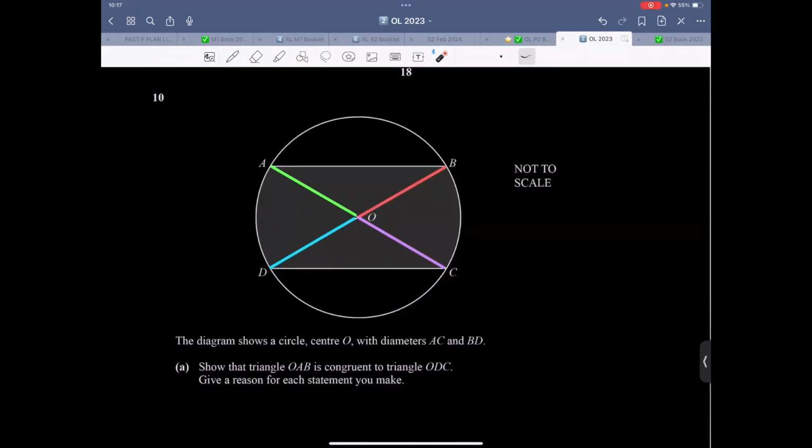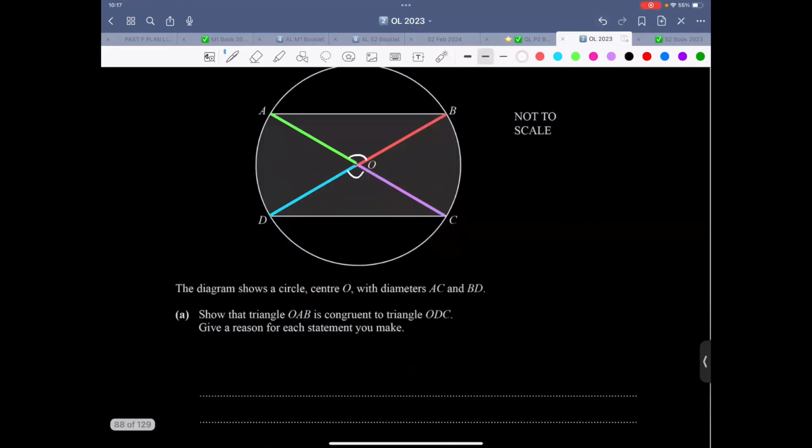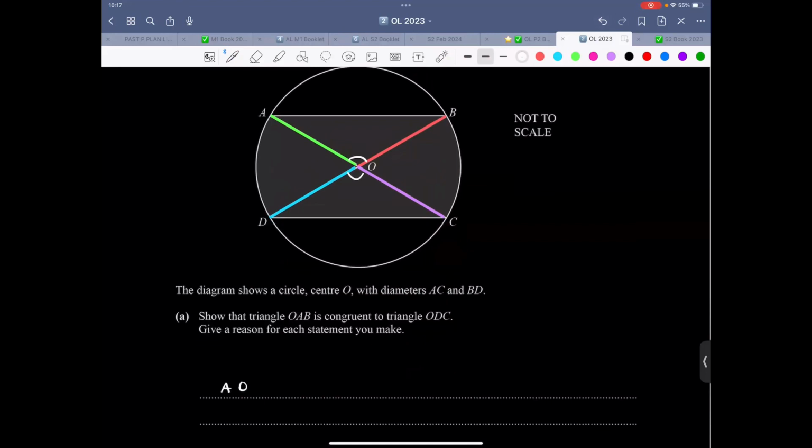Now, the very first thing that I observe is that I have this angle, which is AOB and DOC. They are exactly the same. So AOB equals DOC. Why are they same? Because these are 2 straight lines, and therefore these angles formed are vertically opposite angles. Write everything clearly in words.